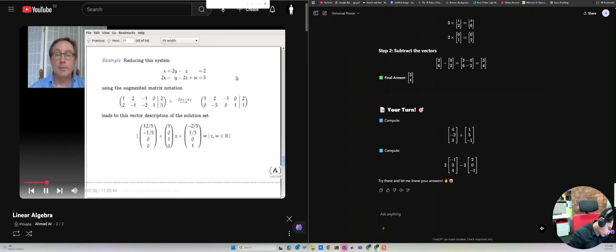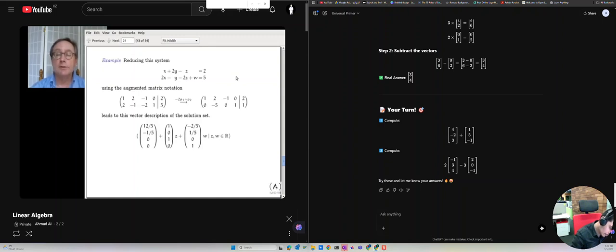Just to have a second example, there's nothing special about this example so much, just a simply different example illustrating the same thing.